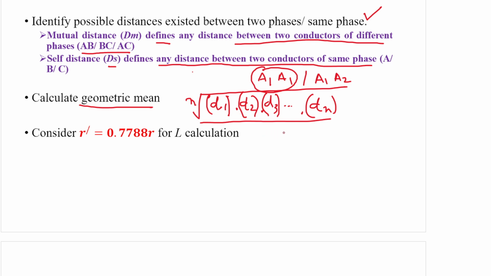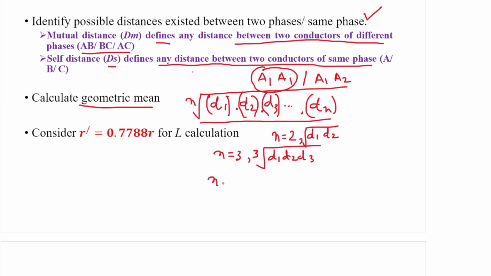If you have n equal to 2, two terms, then you take the square root of d1 d2. If you have three numbers, then you multiply d1, d2, d3 and take the cube root.